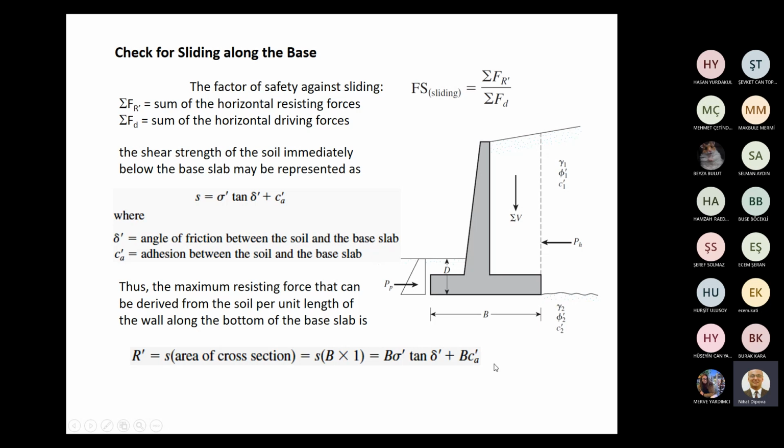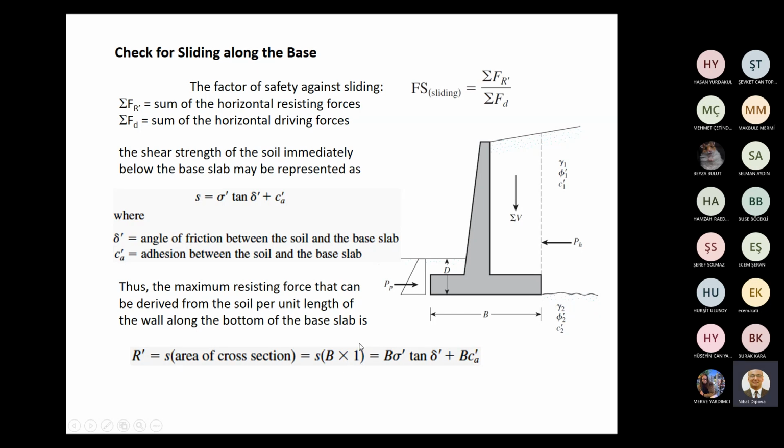Thus, the maximum resisting force that can be derived from the soil per unit length of the wall along the bottom of the base can be expressed as R prime, sigma prime times tangent of this friction angle, again B times adhesion factor.